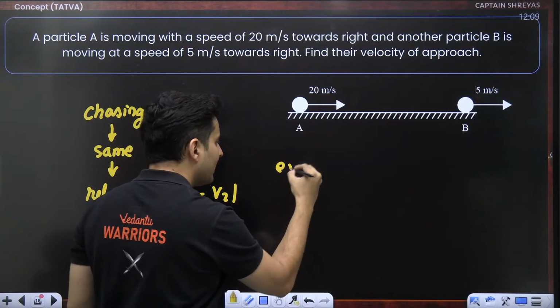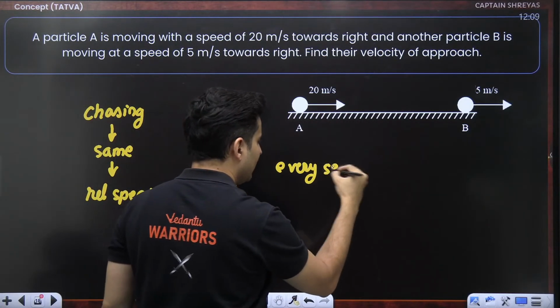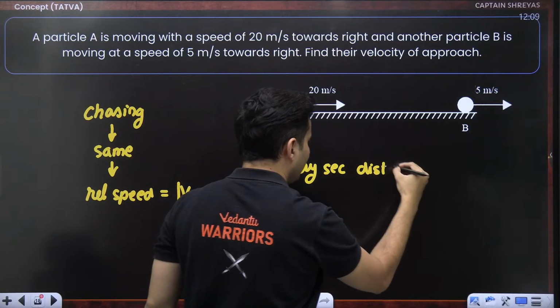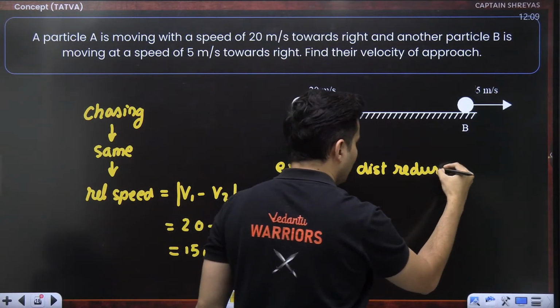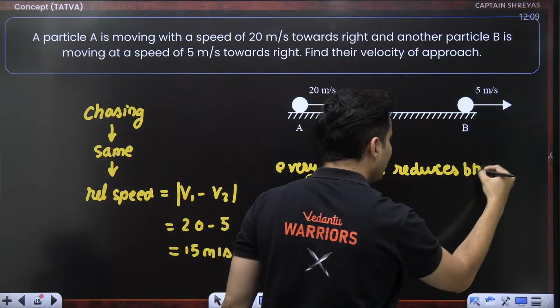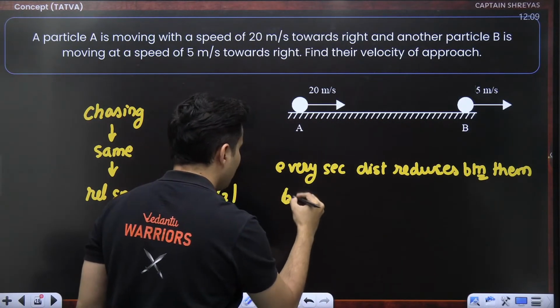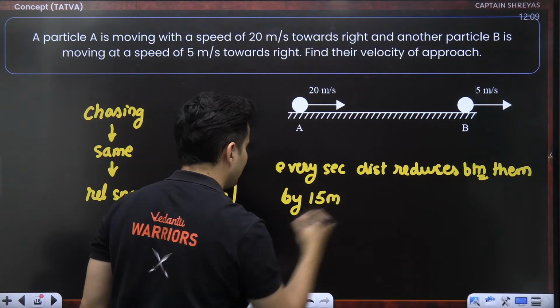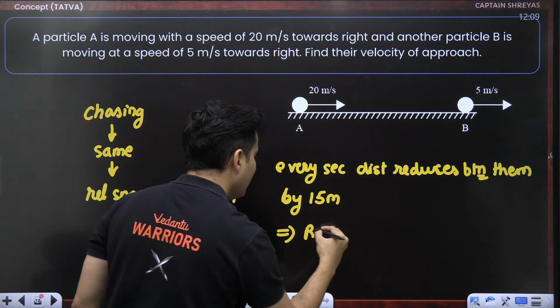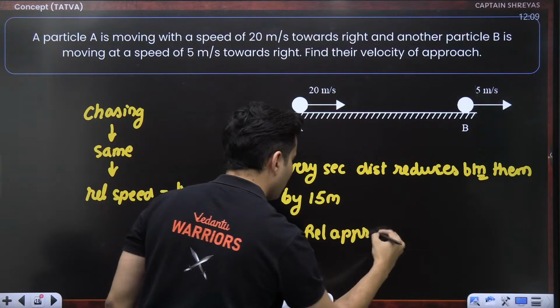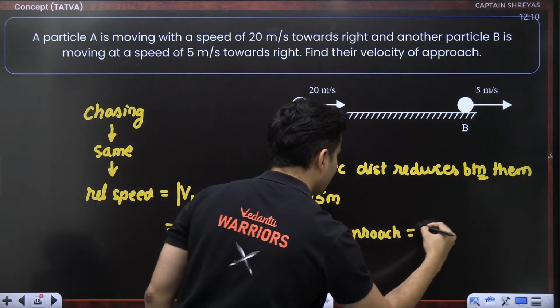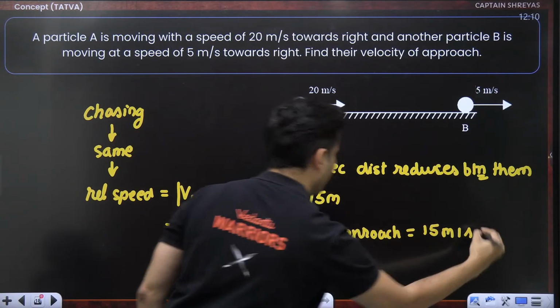So basically every second the distance between them reduces by 15 meters. That means the relative approach is nothing but 15 meters per second.